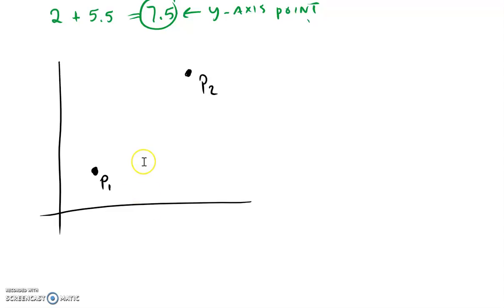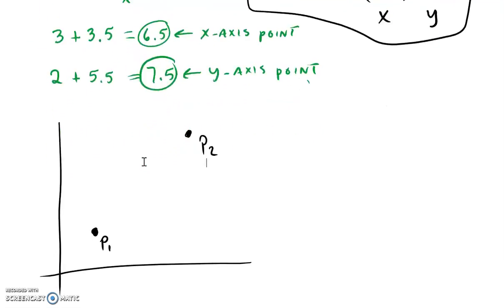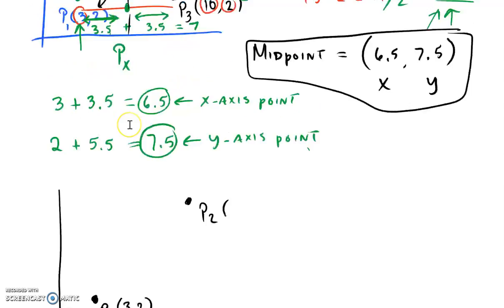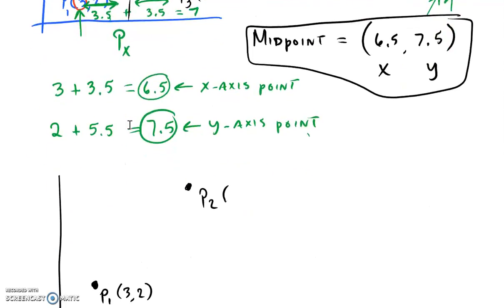I believe we had P1 to be 3 and 2, and we had P2 as 10 and 13. We want to find the midpoint. Just going to call this mid for short.